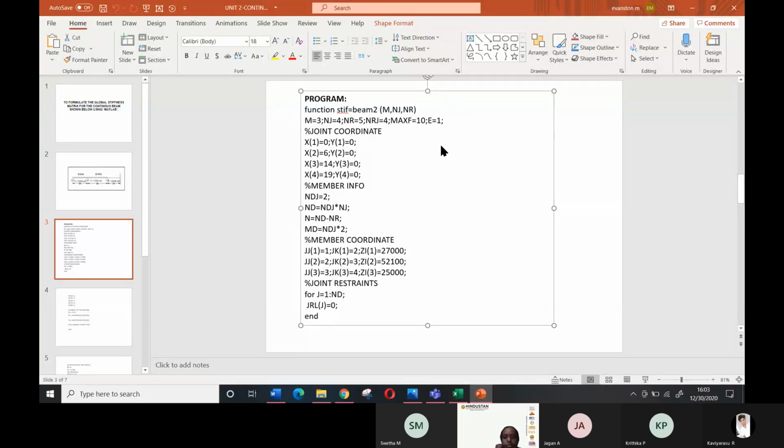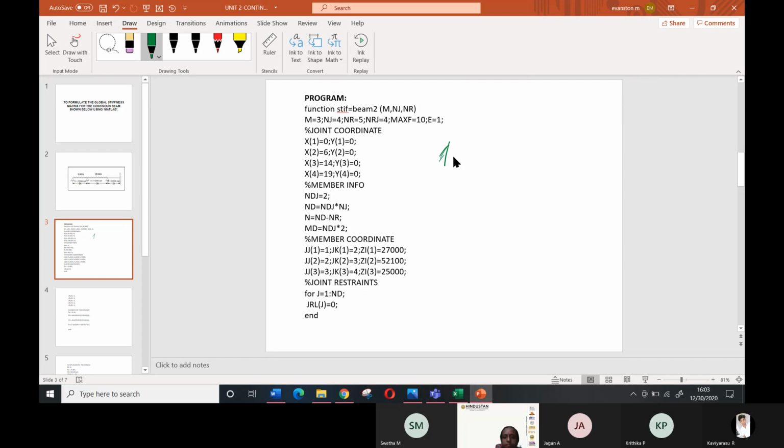You have to do it up to member coordinate. The question is, it's a continuous beam with 5 members.